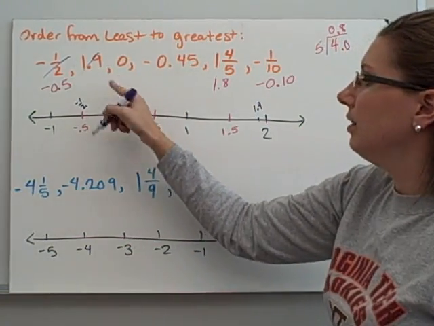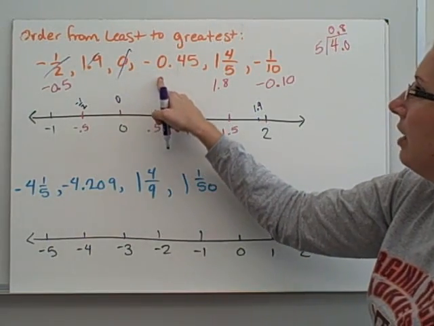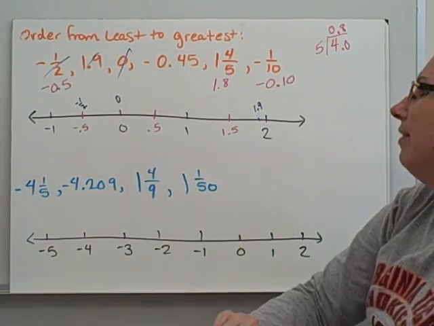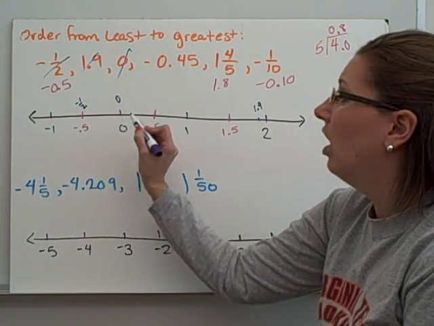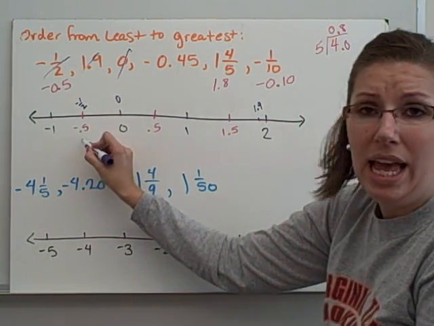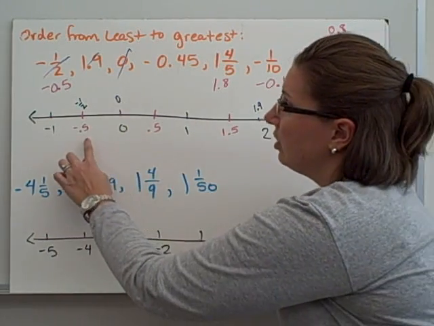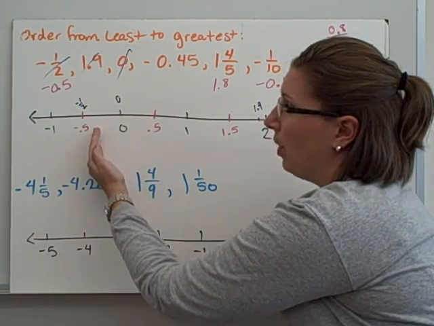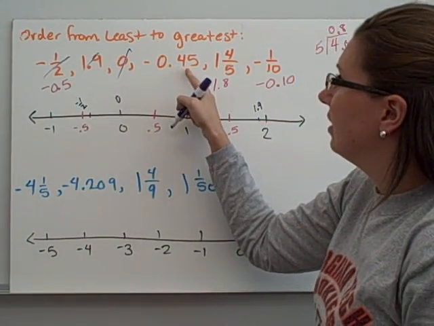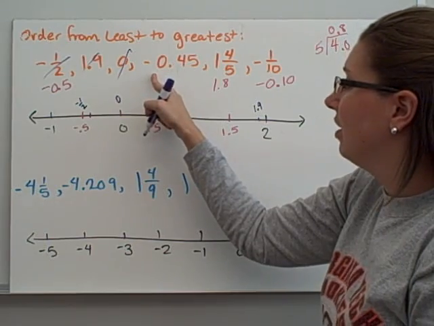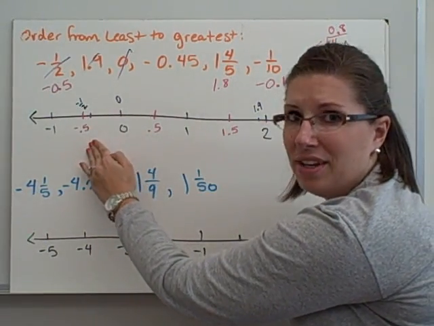That one's done. 0, that's easy. 0. -0.45. -0.45 is almost -0.5, but it's not.